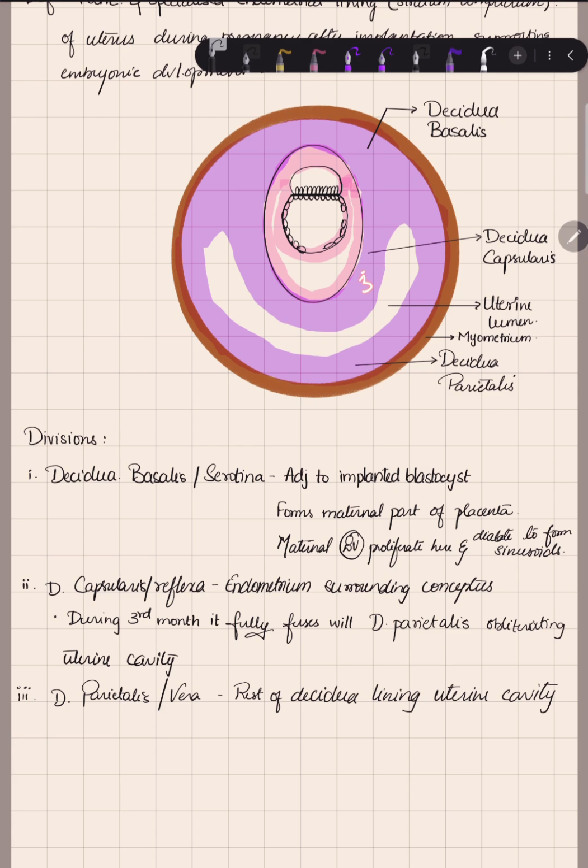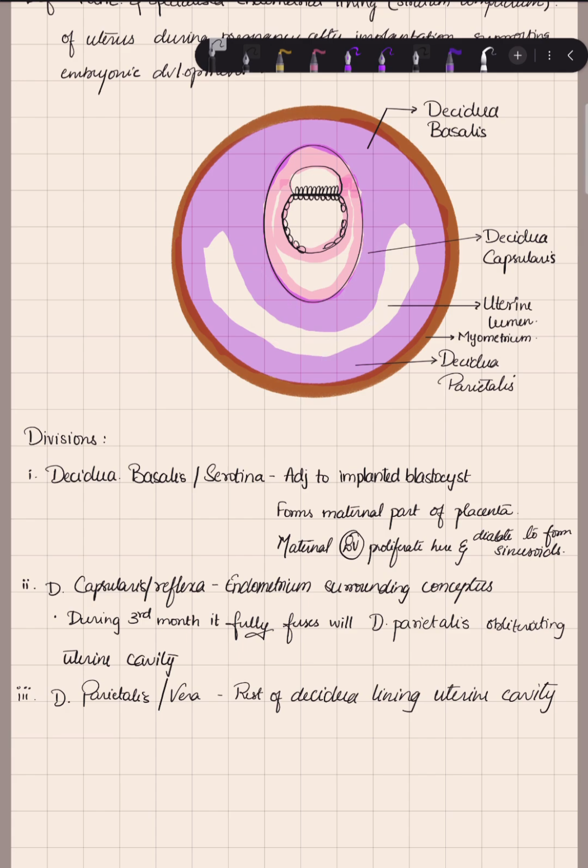About the third month, when it grows too big, this decidua capsularis will come and fuse with this layer. The cavity that you see in between is the uterine lumen or the uterine cavity.